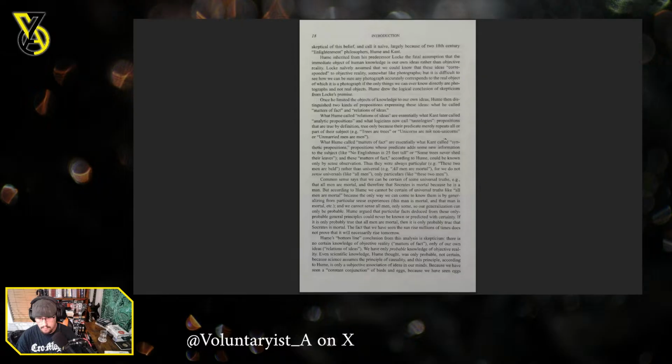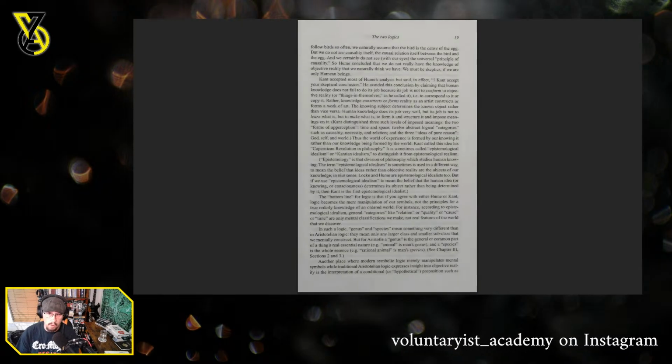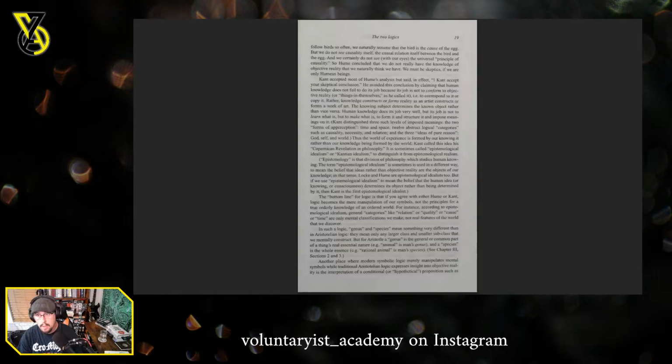Even scientific knowledge, Hume thought, was only probable, not certain, because science assumes the principle of causality. And this principle, according to Hume, is only a subjective association of ideas in our minds. Because we have seen a constant conjunction of birds and eggs, because we have seen eggs follow birds so often, we naturally assume that the bird is the cause of the egg, but we do not see causality itself, the causal relation itself between the bird and the egg.